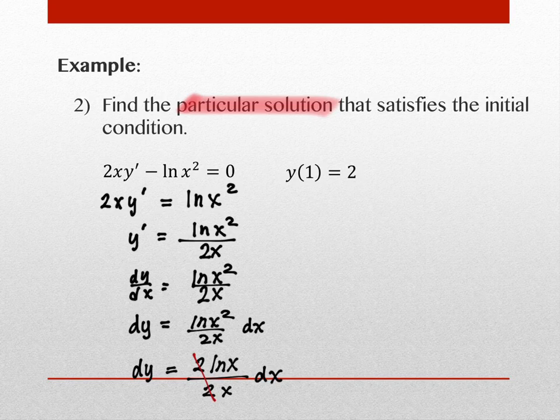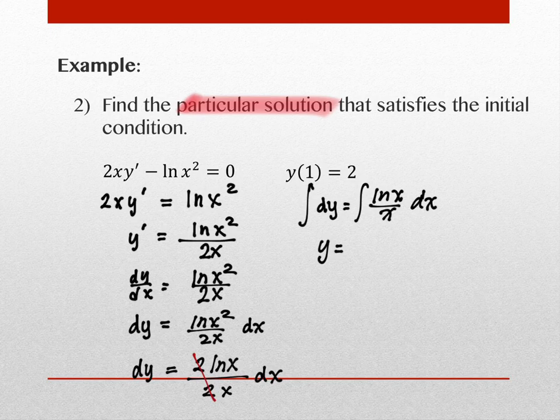Okay, so we are at the point now, I'll rewrite it up here so I have a little bit more space, where I can take my antiderivative very nicely. So natural log of x over x dx. All right, left-hand side. What do I have to do on the right? What's that? U sub. What would u be, Sophia?